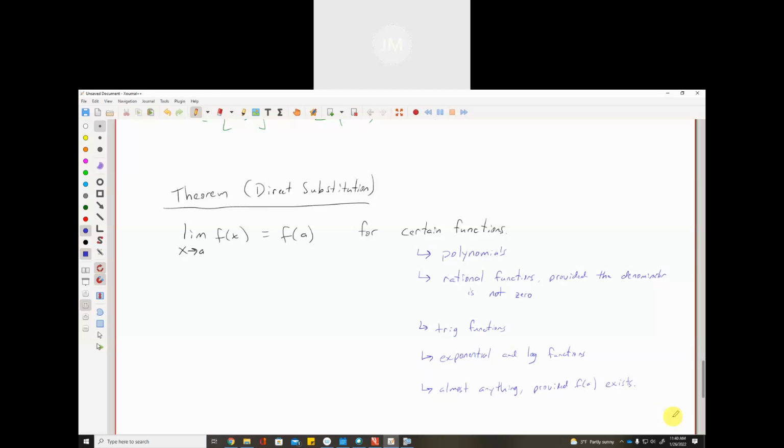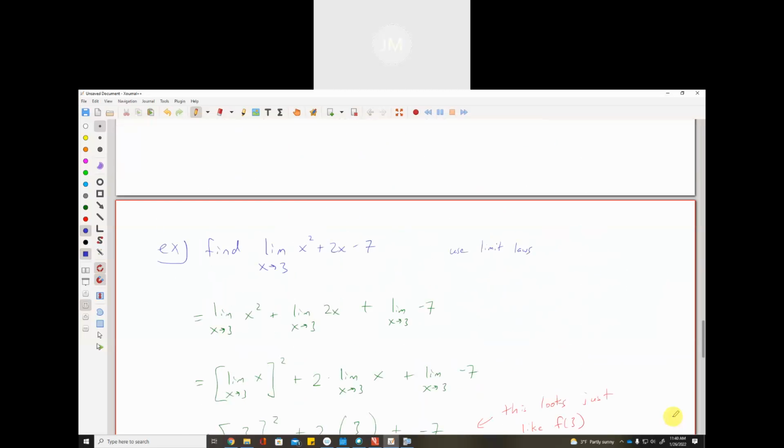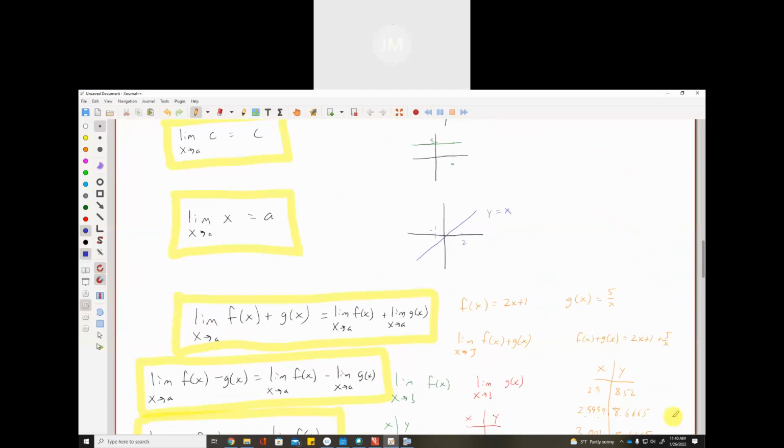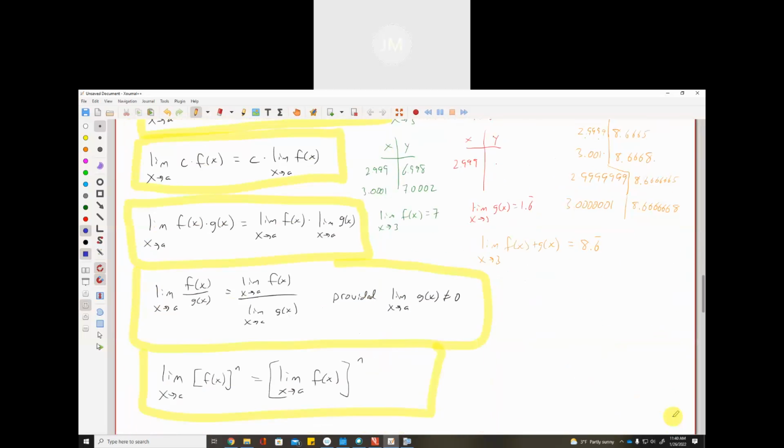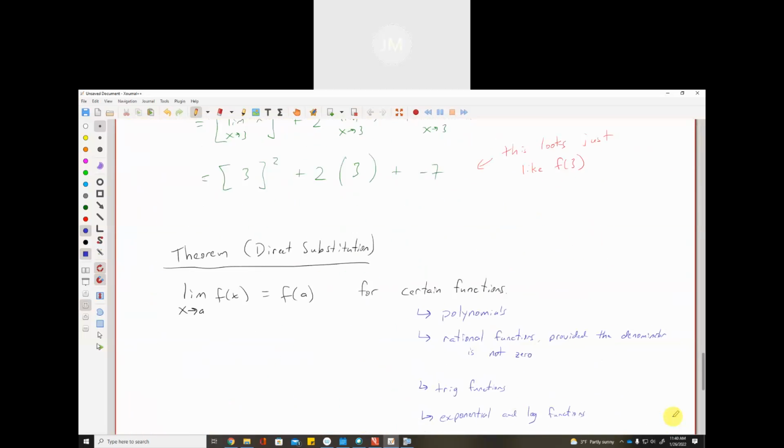Okay. Now that's not exactly true, and we're going to explore that in a little bit more detail when we talk about continuity, right? And that's when we'll find out when does it not work, right? But the reason I want to point this out is because this idea of direct substitution, we can always try, and that's how we're going to compute limits. So when you're going to compute limits, you're never going to use the limit laws directly. What you're going to do is you're going to use direct substitution.